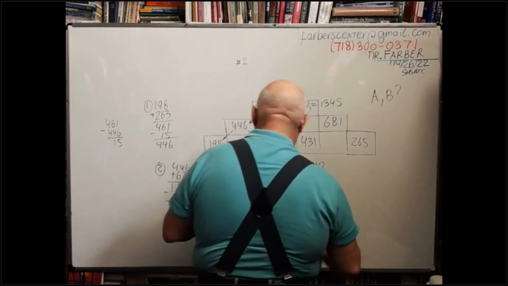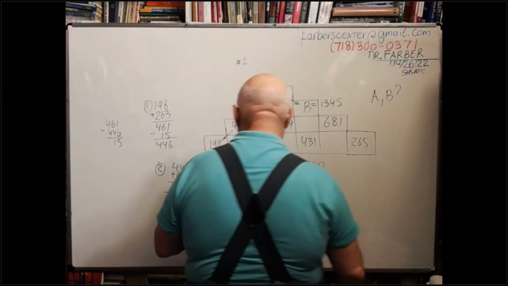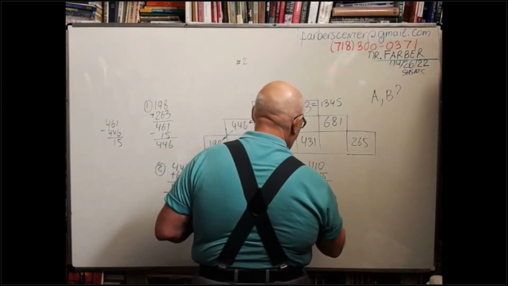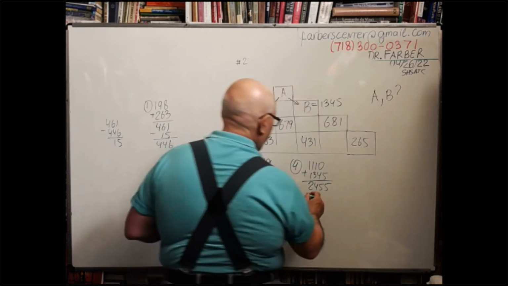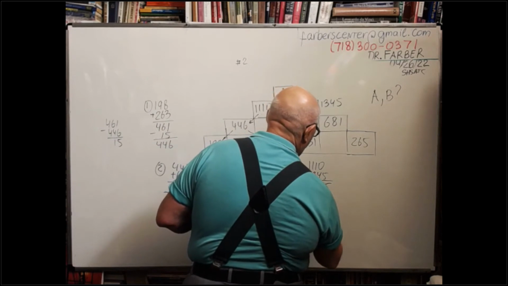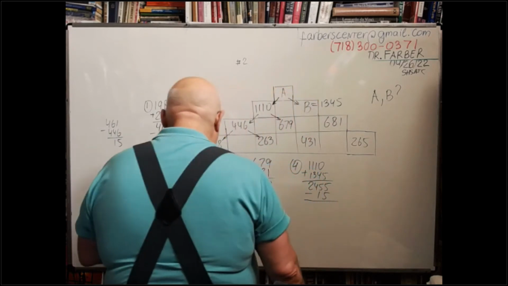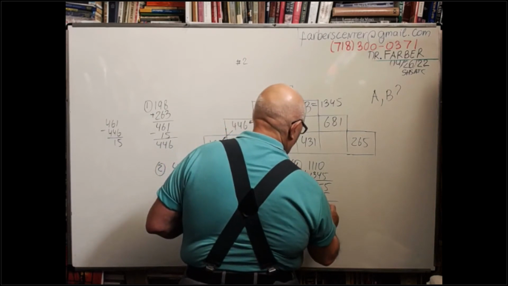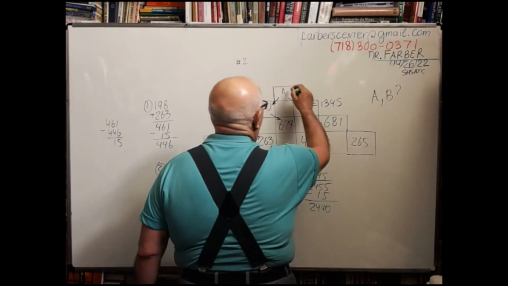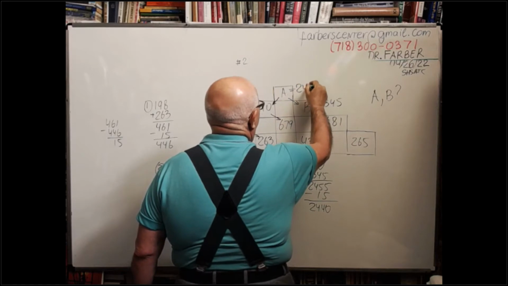If I add them up, I got 2455. And according to this pattern, I subtract 15. Here, subtract 15, I get 2440. So A equals 2440.